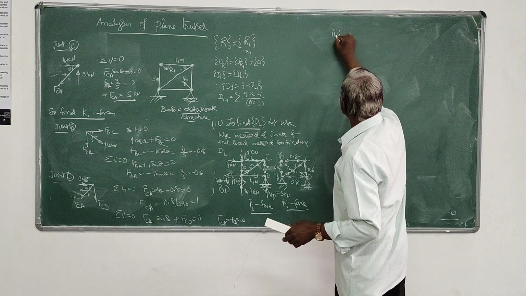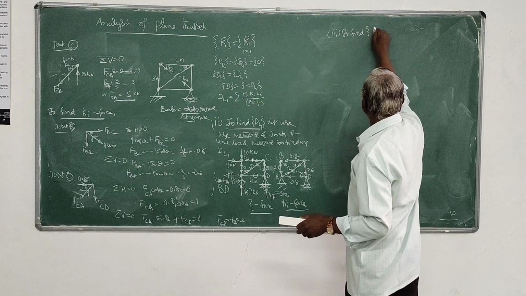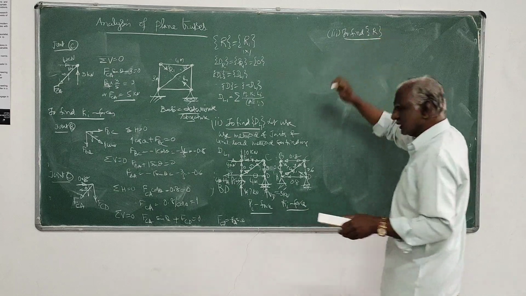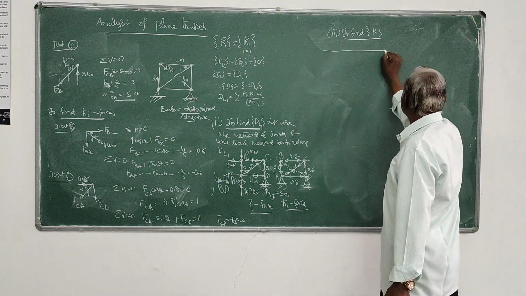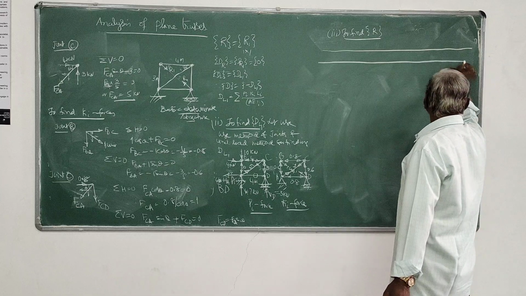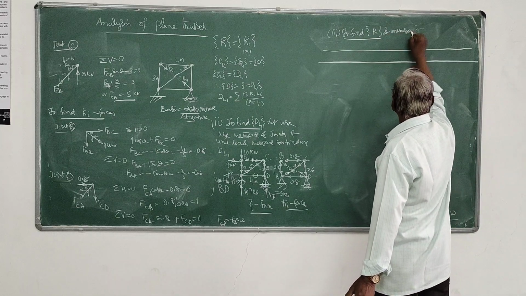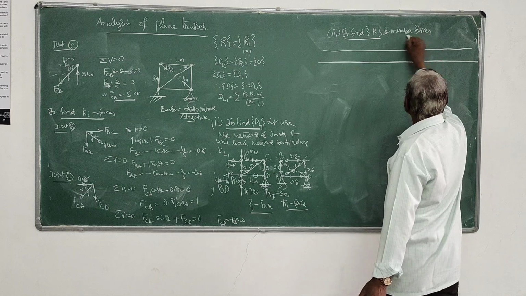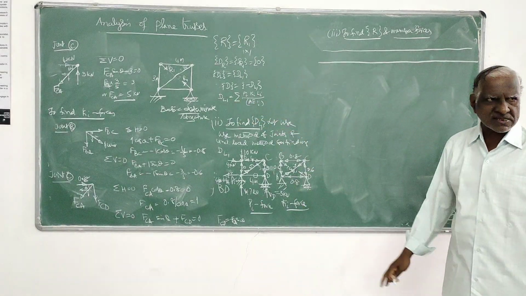So I will take the third step, straight away to find R, the sum of forces. I will do it in the form of a table to find R and member forces, because analysis means I have to find the forces in all the members also.